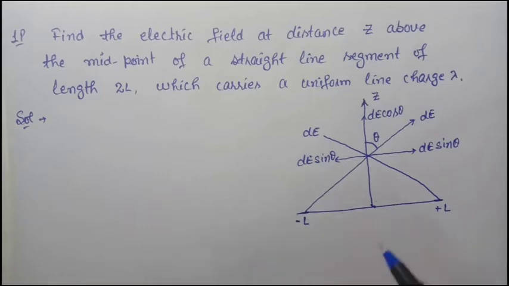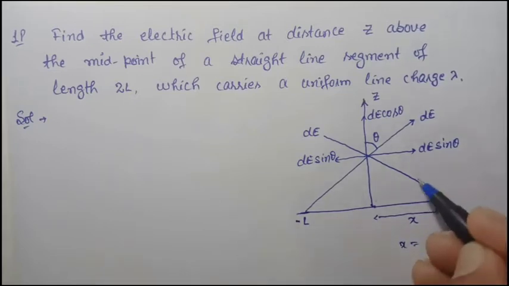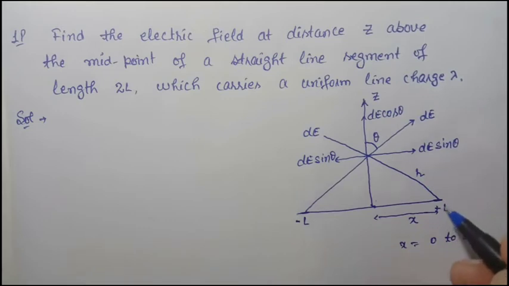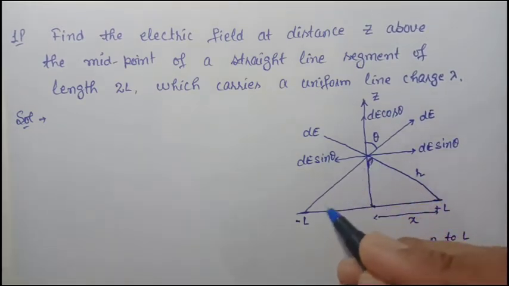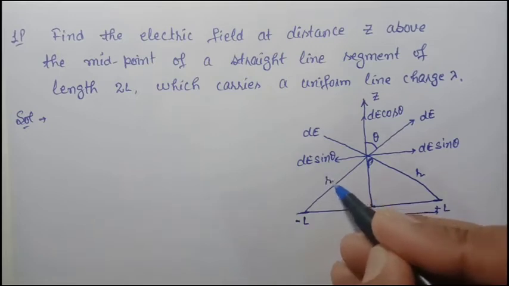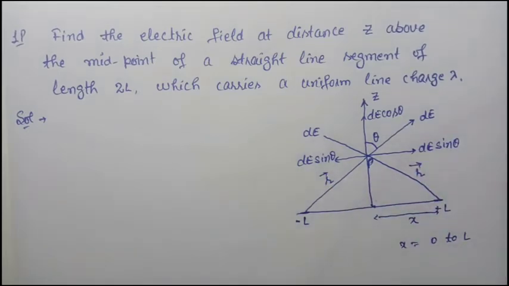Here suppose the variable quantity is x, that is, the value of x varies from 0 to L, and this distance from this point to point P is r, and similarly from the other point also r.